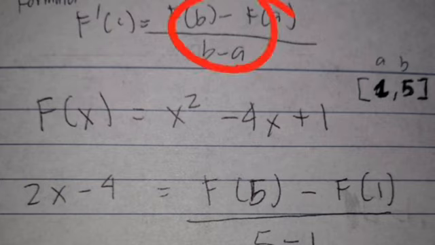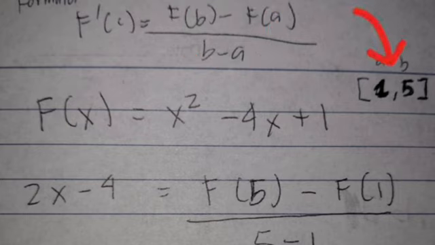Now, on the right side, the f of b minus f of a over b minus a, we're going to replace that with our given, which is f of 5 minus f of 1 over 5 minus 1. Ngayon, yung given na interval is gagawin natin siya doon sa formula na given, which is unahin natin yung b kasi yung una sa formula.